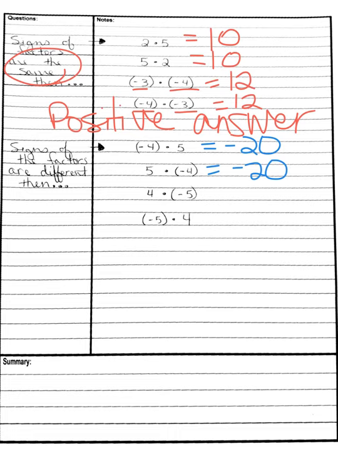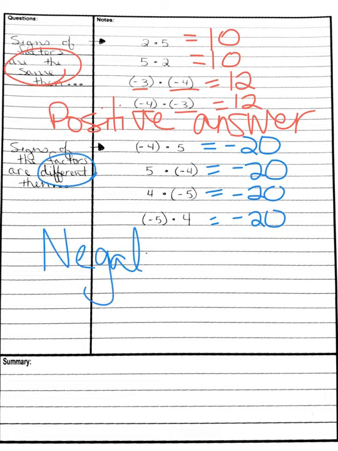So we still have different signs, a positive and a negative, and that gives us a negative 20. And again, back to the commutative property, a negative 5 times a positive 4 is a negative 20. So if my signs are different, what do we know? We're going to have a negative answer.